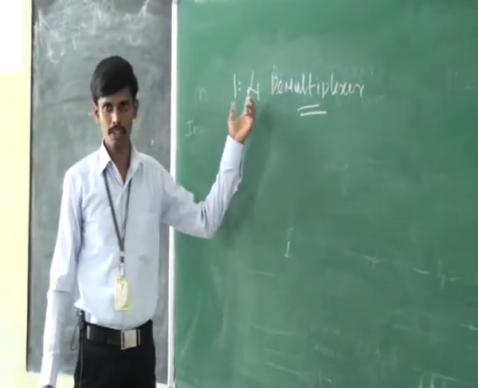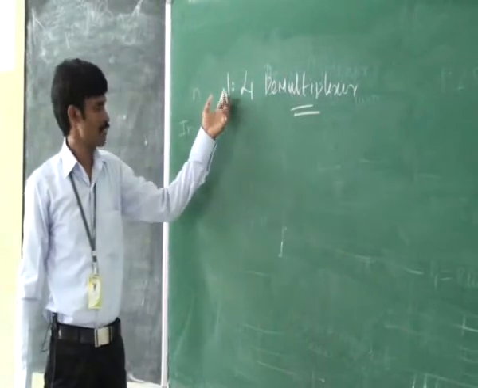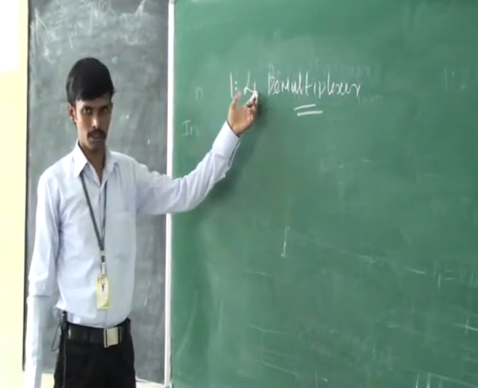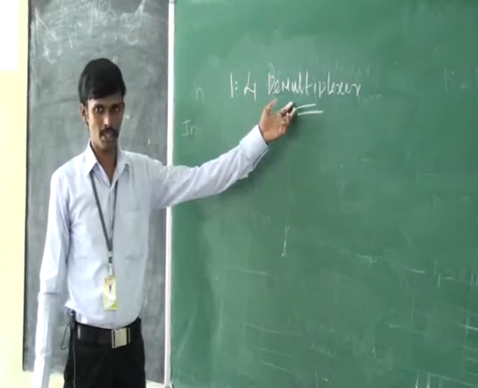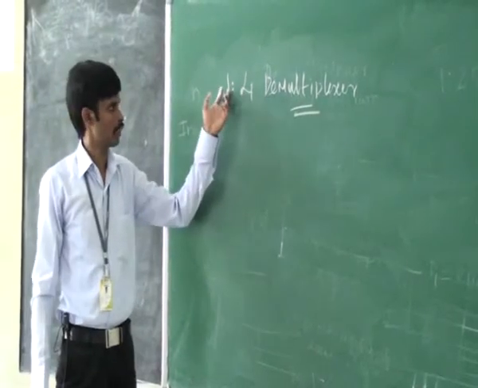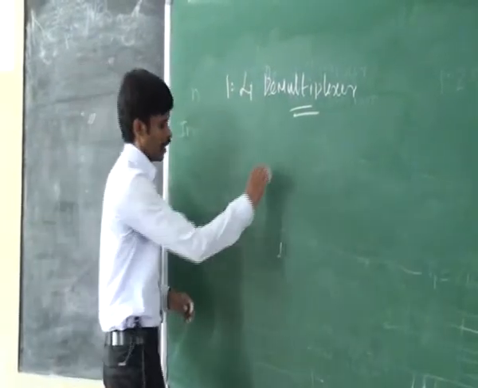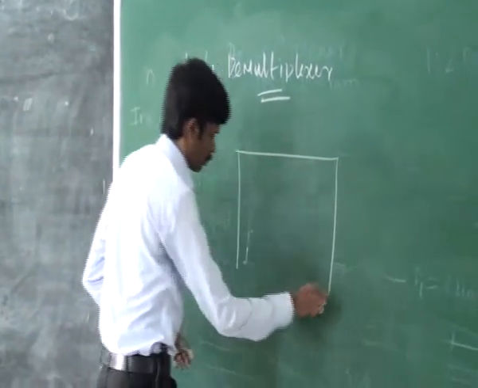What is meant by 1:4 demultiplexer? It has one input and four outputs, which performs the reverse operation of 4:1 multiplexer. Now let us see the basic block diagram for 1:4 demultiplexer.